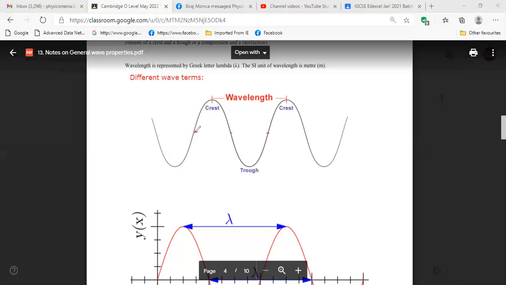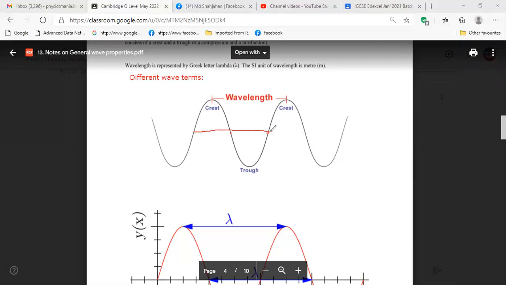So from here we say it is the starting of the wave, and this is the ending of the wave, isn't it? One crest and one trough combined make one complete wave. So the starting of the wave to the end of the wave, the length we cover horizontally, that is also called wavelength, right? Is it clear?